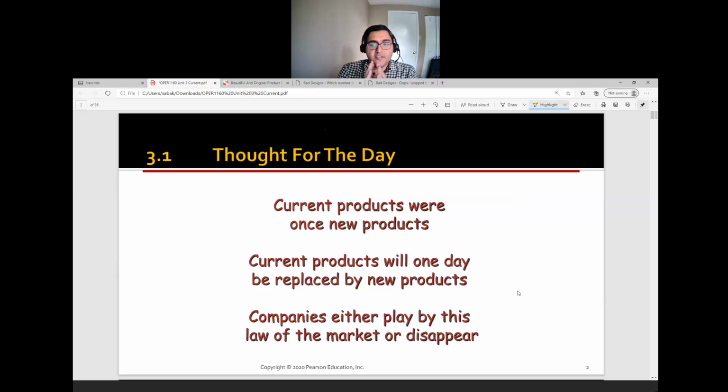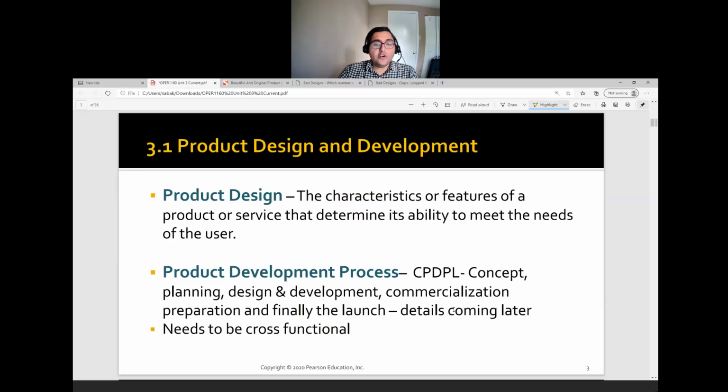What it means is if you want to survive in the market, you need to realize that the products which you are selling today will not stay in the market forever. You need to come up with newer products or services if you want to stay in the market. Else, you will get kicked out from the market.